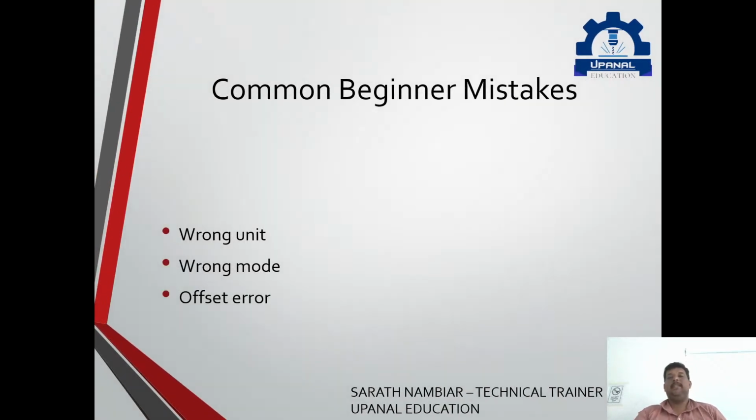What are the common beginner mistakes? What are the main mistakes a person who starts makes? The first thing I told: instead of G20, he or she may give G21. So the mm and inch get changed.